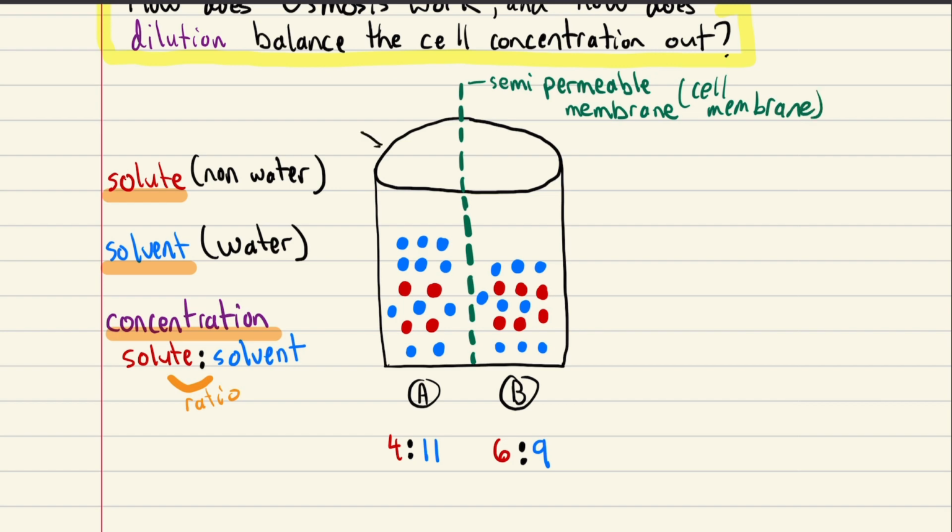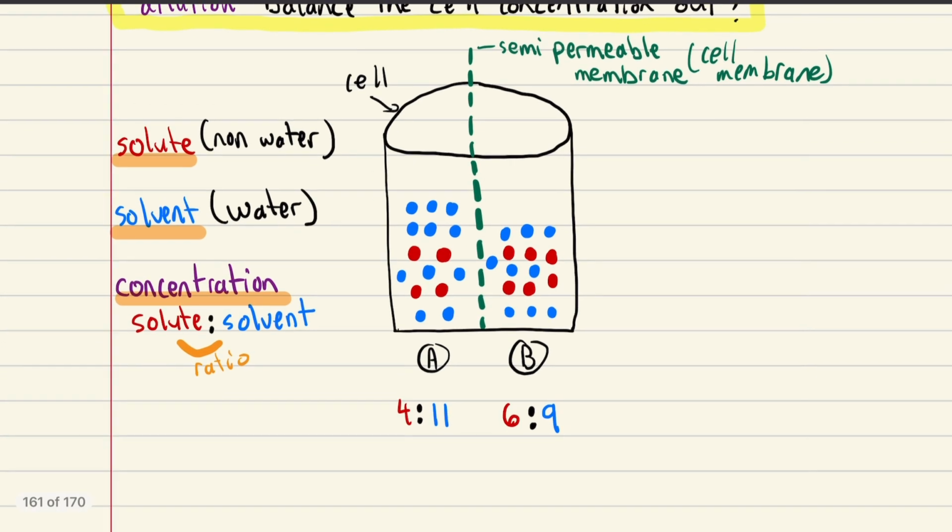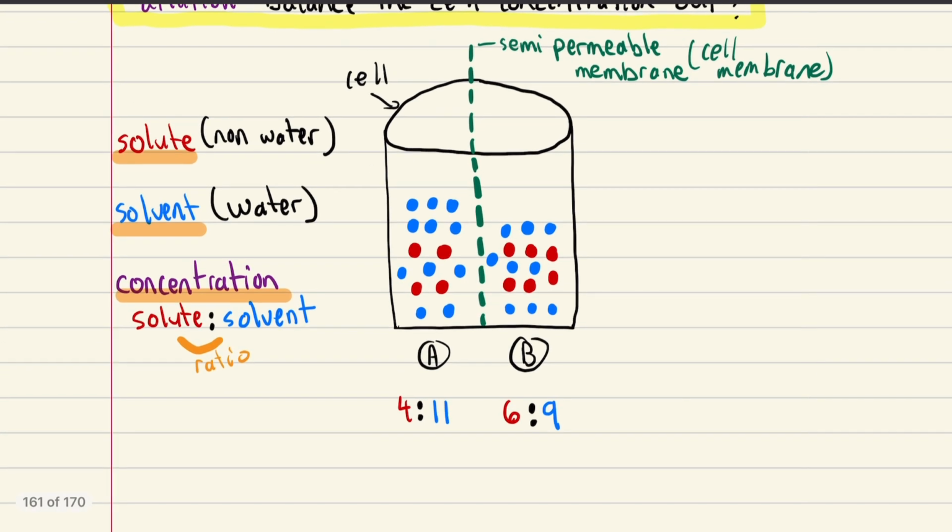So I'm just going to draw an arrow here writing the cell. Okay, so on side A, let's say outside the cell, you have a ratio of 4 to 11 molecules. So 4 solutes to 11 molecules of water. And then on side B, I have a ratio of 6 molecules to 9 molecules of water. Okay, so 6 solutes to 9 waters, and in the first one, 4 solutes to 11 waters.